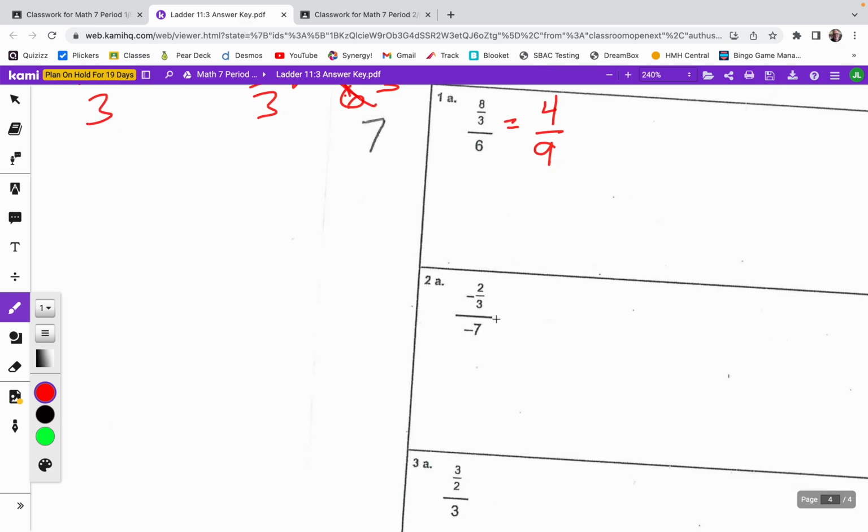Okay, this is a negative divided by negative, so the answer is going to be positive. 2/3 divided by 7 is the same as 2/3 multiplied by 1/7. So we get 2/21.